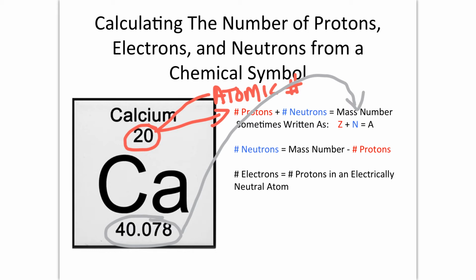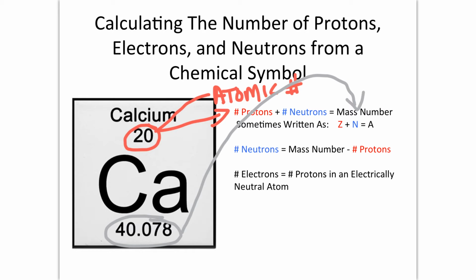However, again, remember, because this is a weighted average of a bunch of mass numbers, it's always going to be some type of decimal or fraction. But we can make some easy predictions by doing some rounding to figure out this equation here. So in this particular equation, Z represents the number of protons, N represents the number of neutrons, and A represents the mass number. Remember, protons plus neutrons equals mass number.